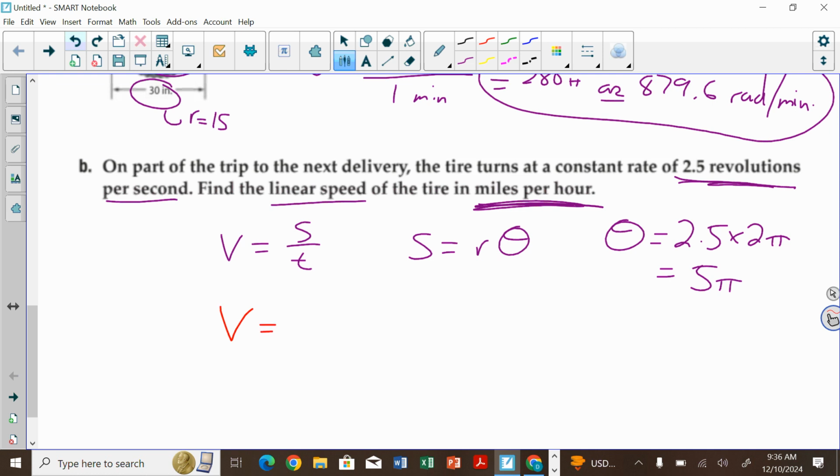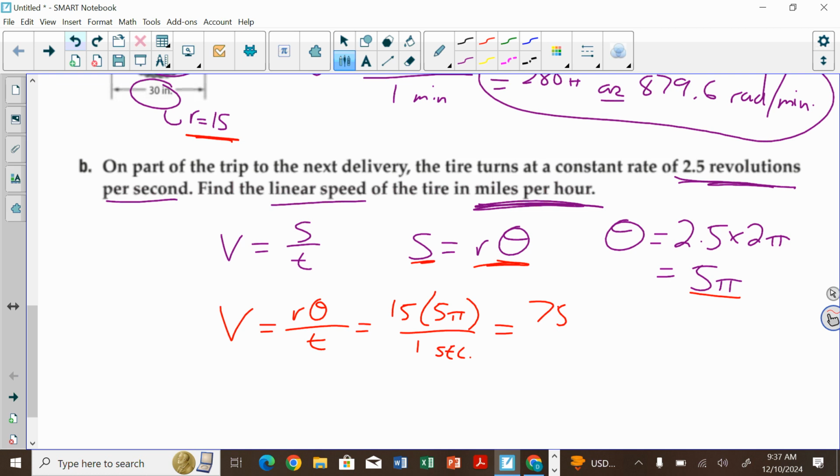V equals R theta over T. And that's going to be 15 for my radius, which we said up here on the first part of the problem, times the 5 pi for the rotations, over 1 second. So when we multiply that out, we get 75 pi.